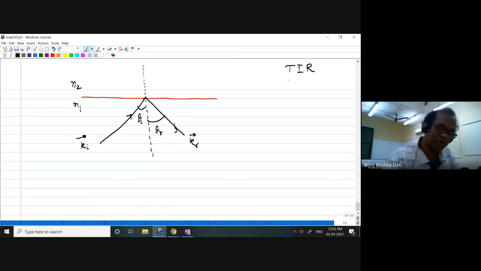For total internal reflection to happen, you need the condition n1 greater than n2.